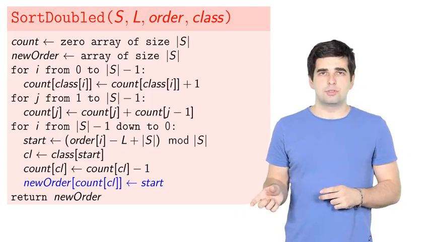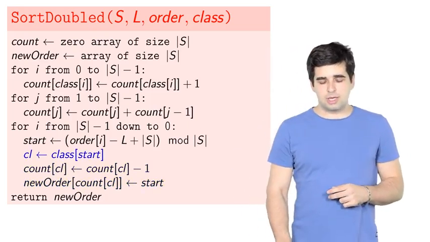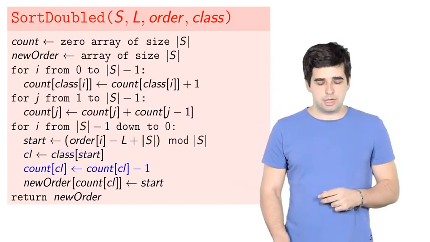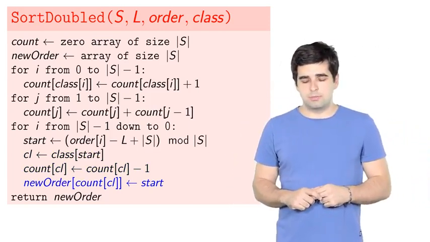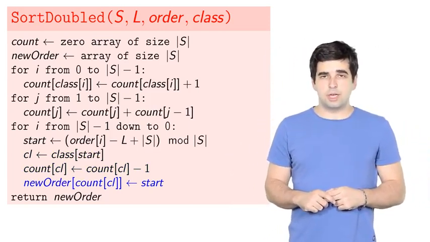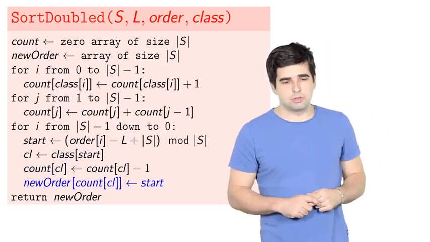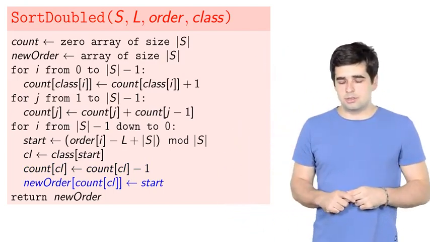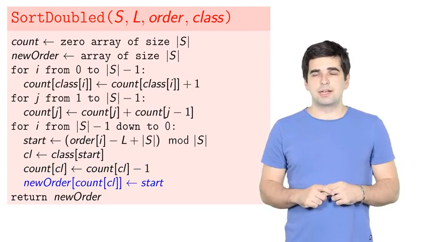And let's look at this example. Let's suppose our current length is 2, and we've already sorted all the cyclic shifts of length 2, and they are to the right in the sorted order. Now, for each of the cyclic shifts of length 2, let's look at the cyclic shift of length 4 which ends in this cyclic shift of length 2. So we take the two previous characters and add them to the left.